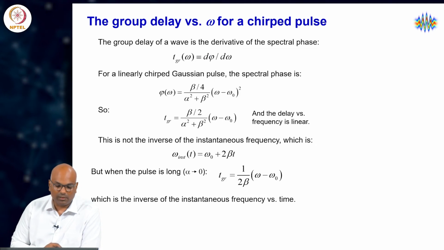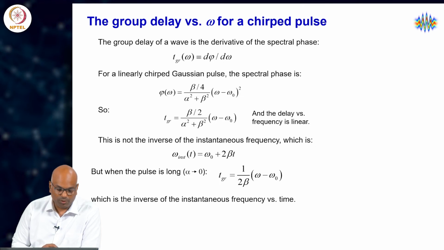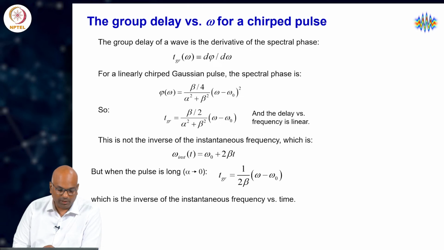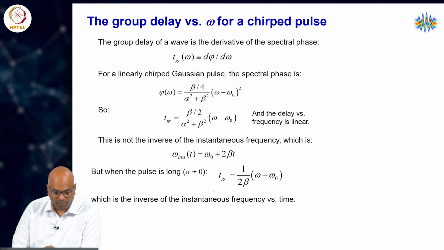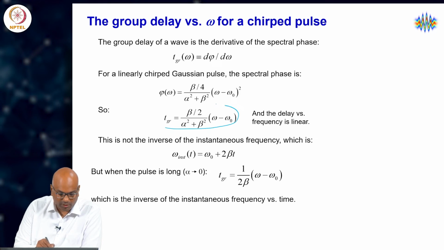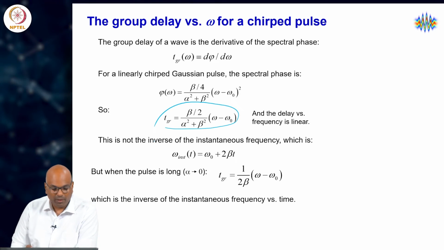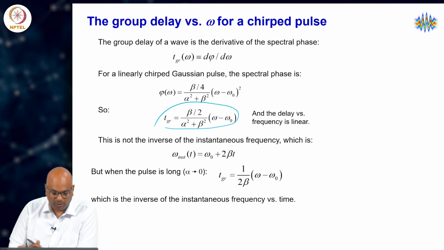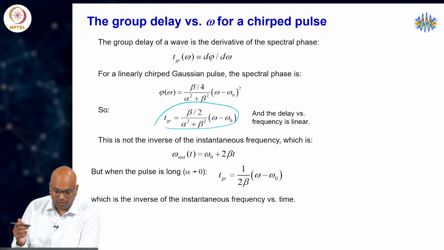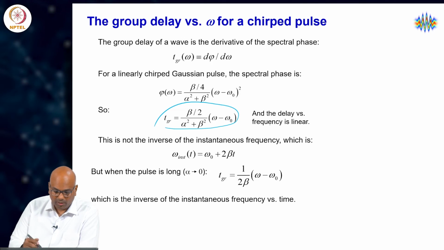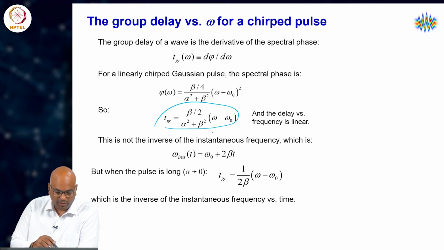So, real action starts with phi 2. Considering a phi 2 that is related to the beta which is present here, we computed the group delay and it is beta by 2 divided by alpha square plus beta square multiplied by omega minus omega naught. Okay. So, this delay and frequency are linearly related.